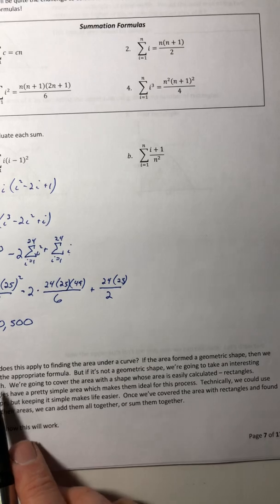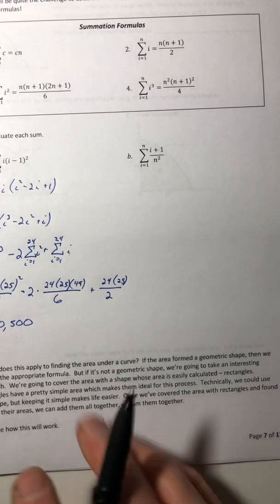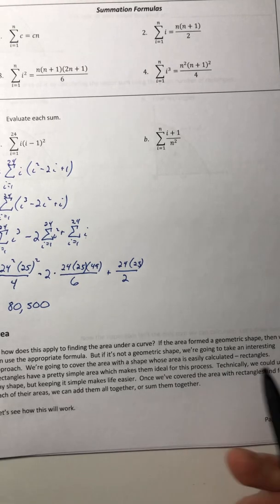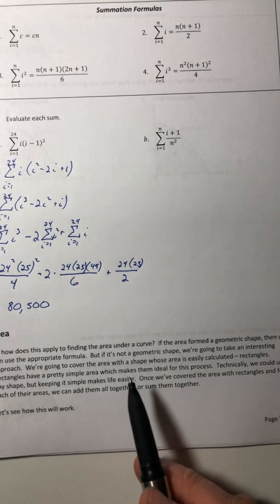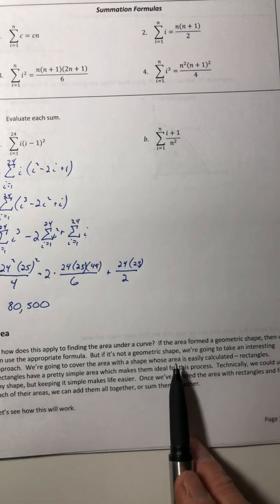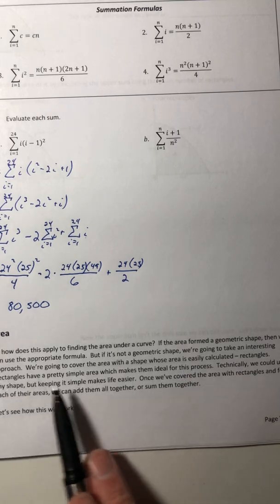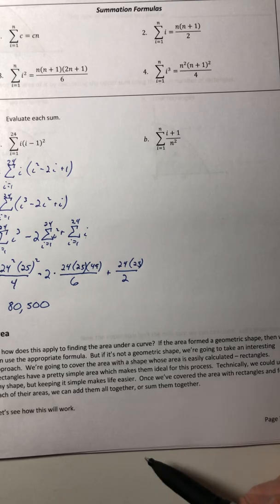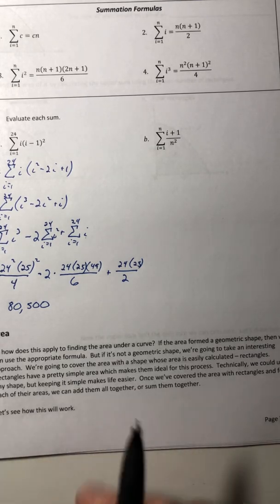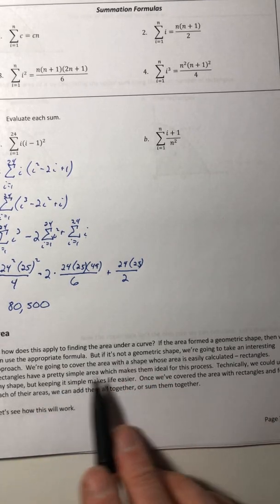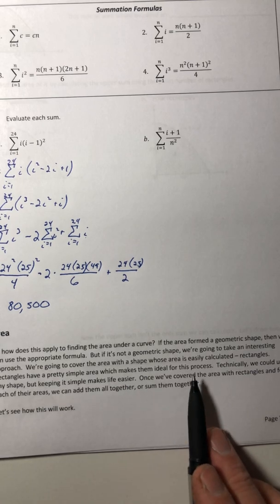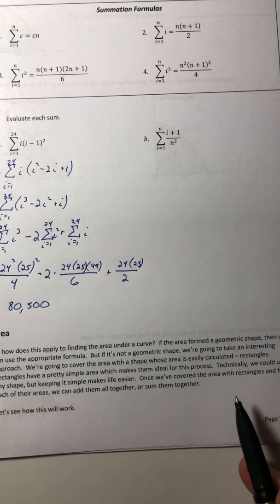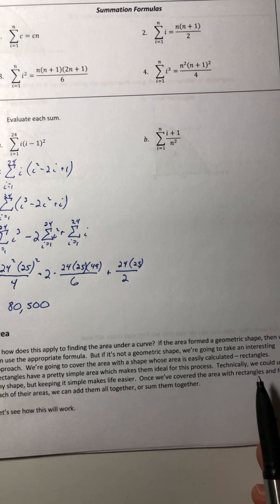Okay, so how does this really apply to finding the area under the curve? In geometry, you just have to use the right formula. If it's a triangle or a square, it has a formula for it. But if it's not, we have to take an interesting approach. We're going to cover the area, because it's going to be kind of like a blob, with a shape whose area is easily calculated. An easy one to calculate is rectangles, just base times height.